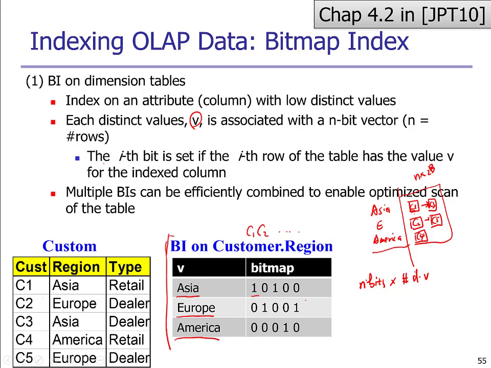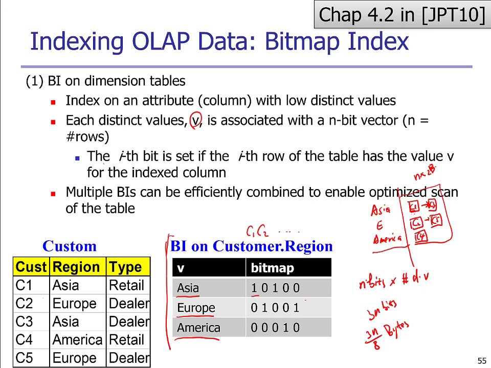In the example here, it should be 3n bits, which is 3n divided by 8 bytes. And what we have before is 2n bytes. So you can see the differences here.